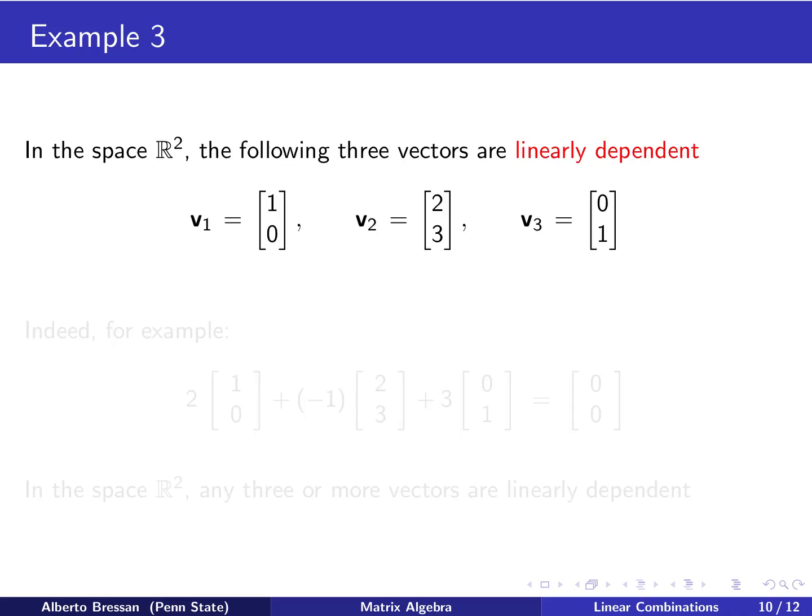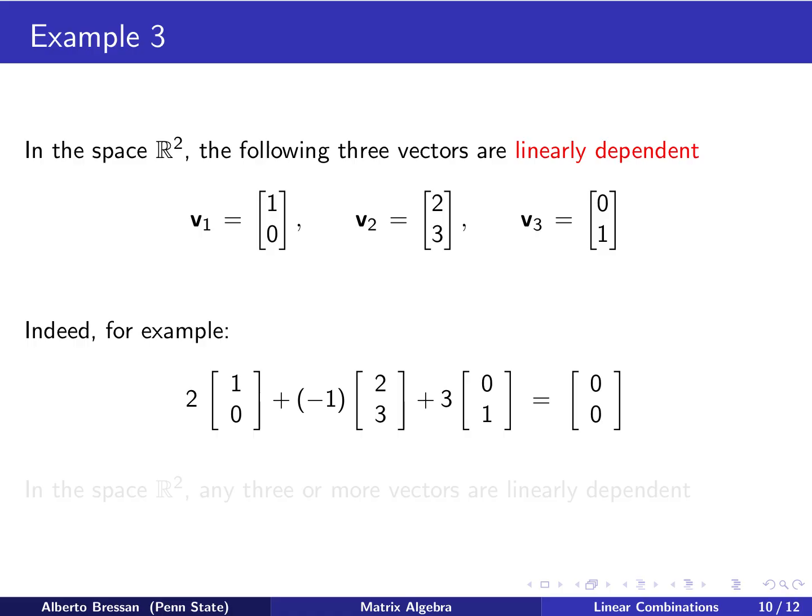Okay, another example. Let's say in R2, we have 3 vectors. V1 is 1, 0, and V2 is 2, 3, and V3 is 0, 1. And we want to show they are linearly dependent.